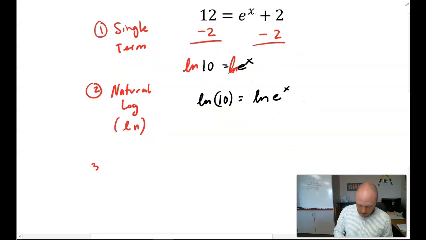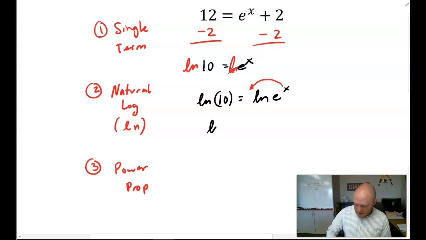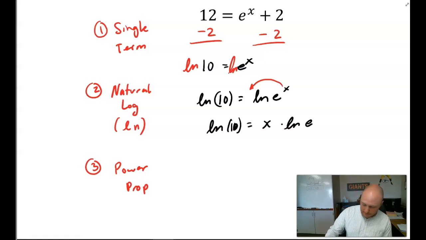Step number 3, I am going to use the power property now. So that x up here is going to come down in the front. And I get the natural log of 10 is equal to x times the natural log of e.